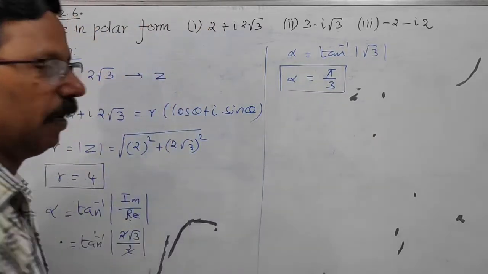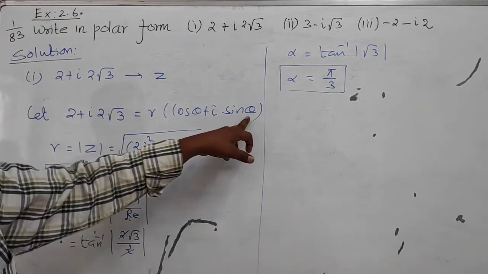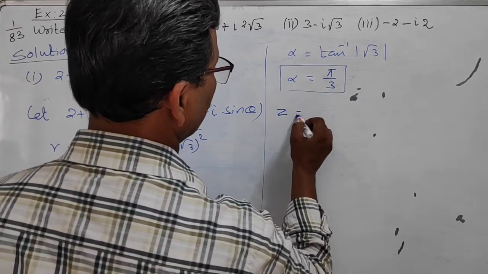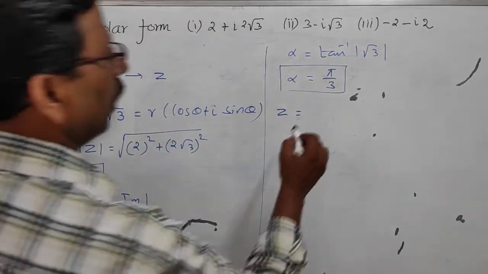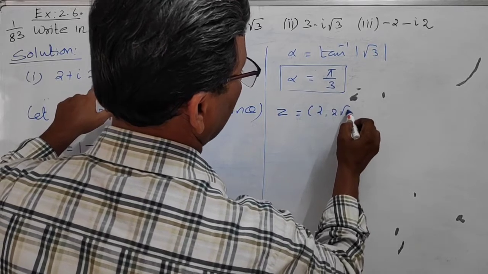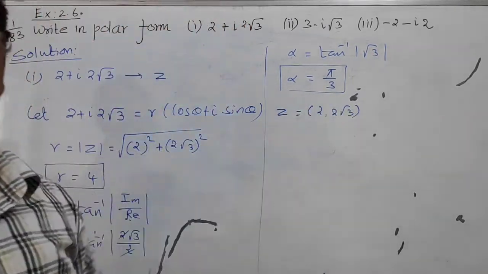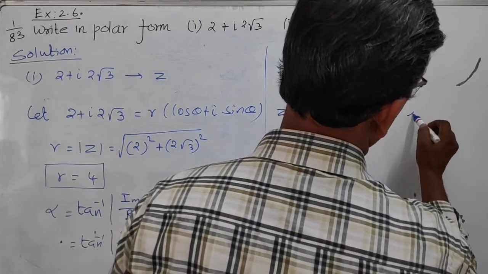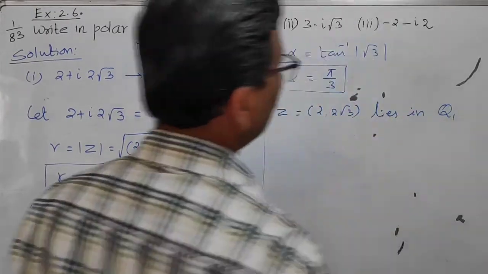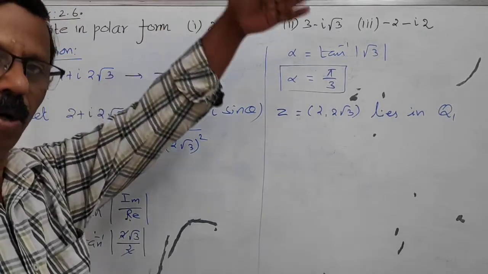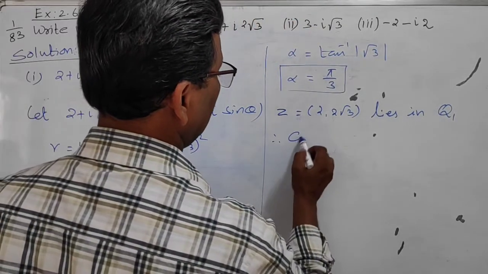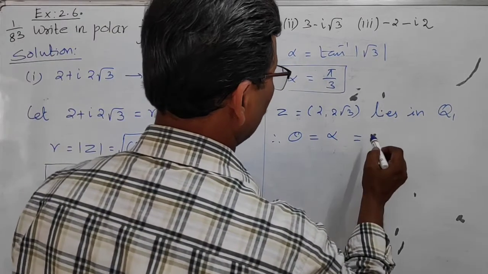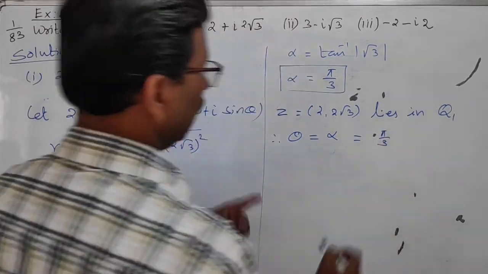After finding alpha, we need to find the value of theta based on the position of z. Here z is 2 plus i 2 root 3. Both coordinates are positive, so z lies in the first quadrant. If z lies in the first quadrant, then theta is nothing but alpha. Therefore theta equals pi by 3.